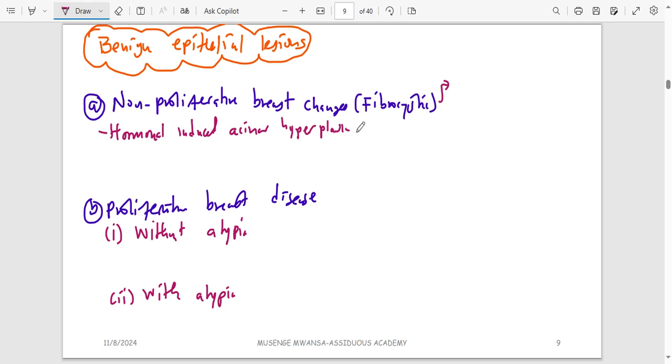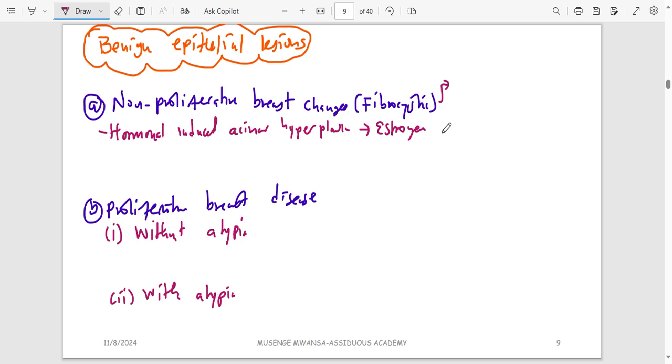So specifically, when you have got more of estrogen, what estrogen is going to do is that it is going to cause these tumors to start developing. Actually, estrogen is a major factor that predisposes people to having cancer of the breast. Take note of that.